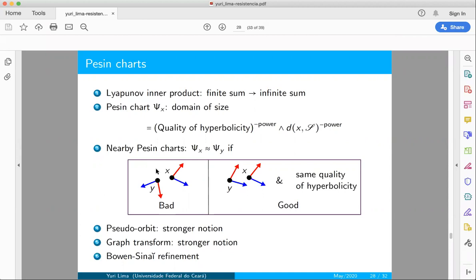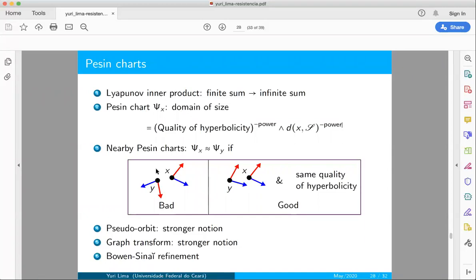And you also require that the quality of hyperbolicity that you see in each of these two red directions, each of these two blue directions, are comparable. So this is saying that you are in a good situation, and this is saying that you have two nearby Pesin charts.